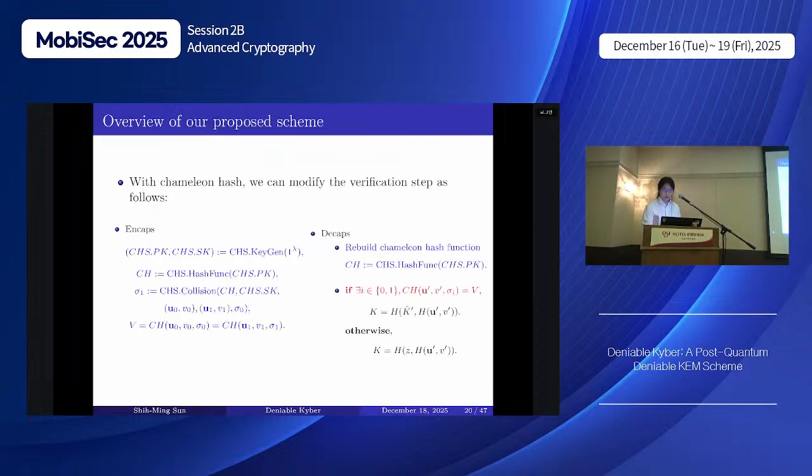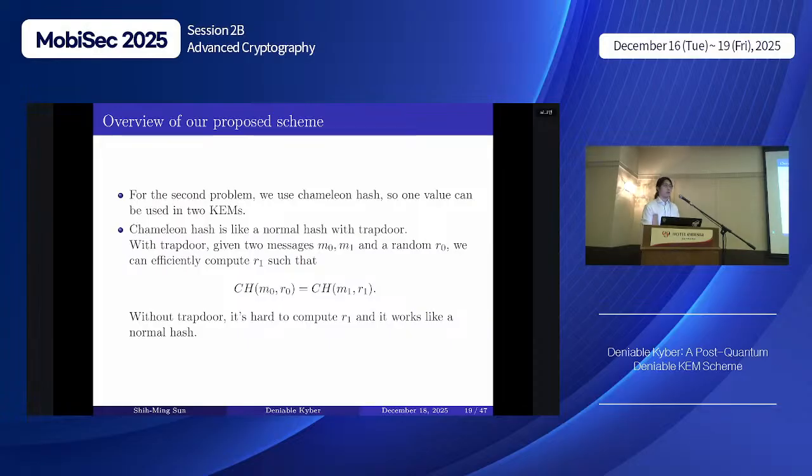I see. Okay, and another question is about the chameleon hash function part. As I know, maybe the chameleon hash function has some homomorphism property. There is some result that if we have a homomorphic one-way hash function, then we can make a chameleon hash function.